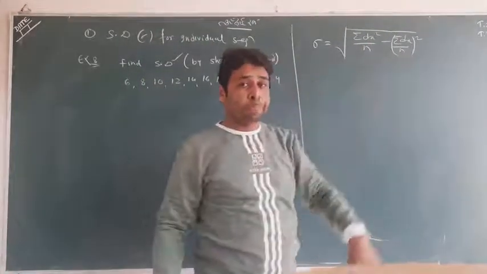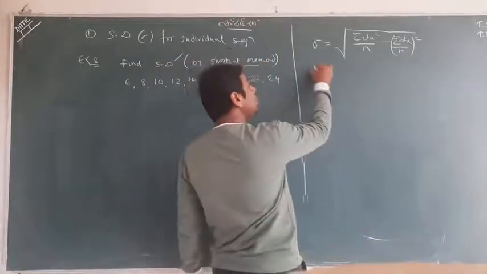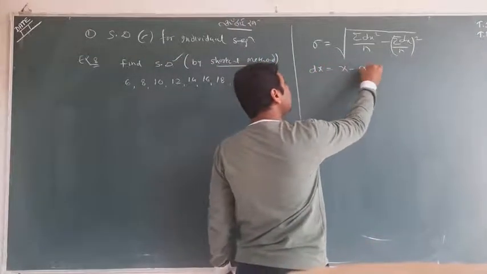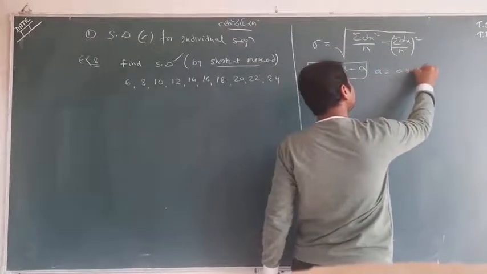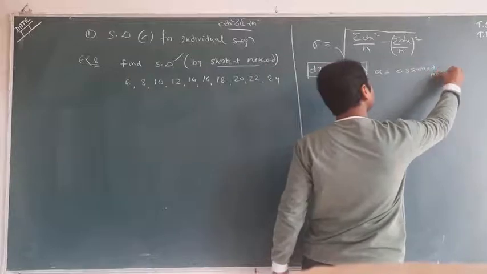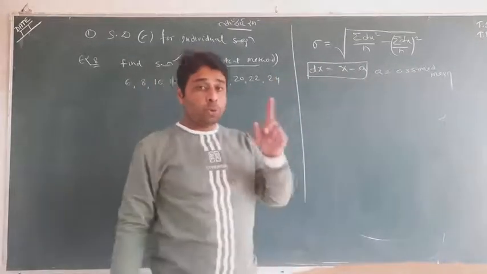What is dx? That is very important. In all the ways when the shortcut method is used, dx will be x minus a, where a is the assumed mean. Hope students you will get it. A is always assumed, and don't get confused.